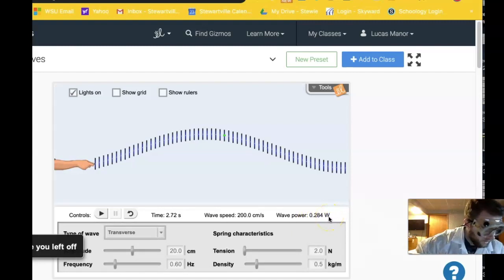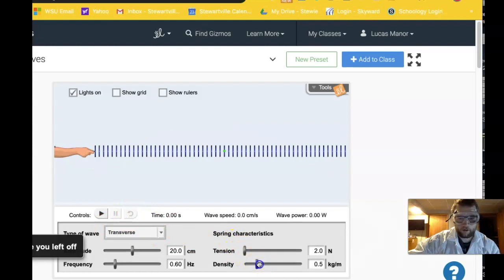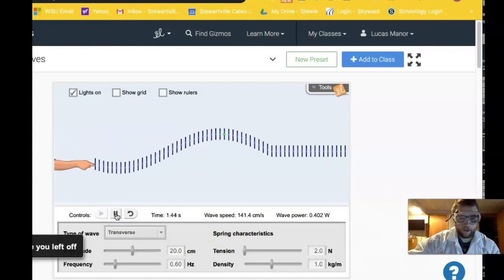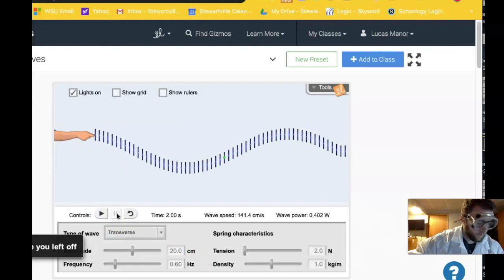Now we need our density back at 1. And again, with our density back at 1 for our last reading in our table, we have 0.402 watts.